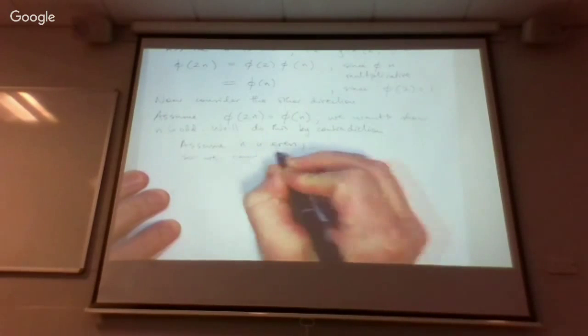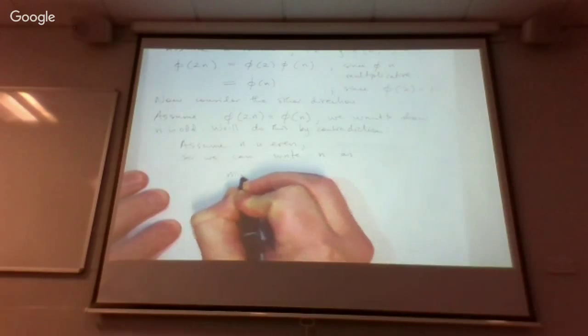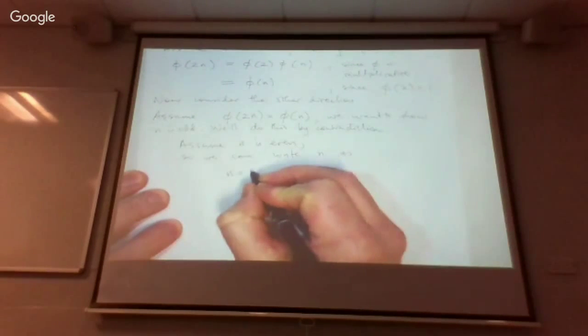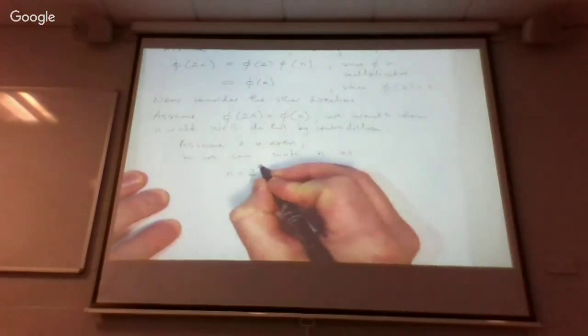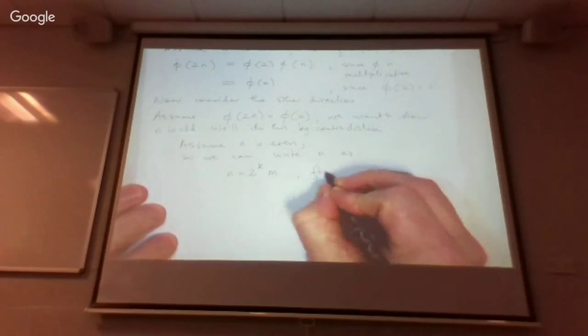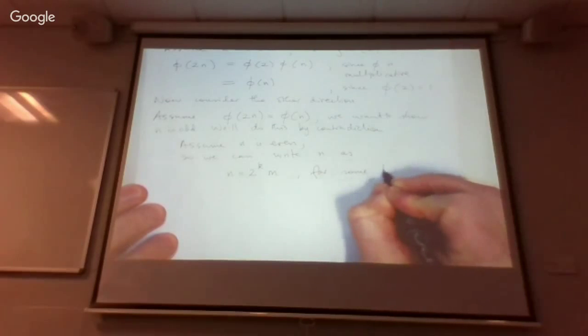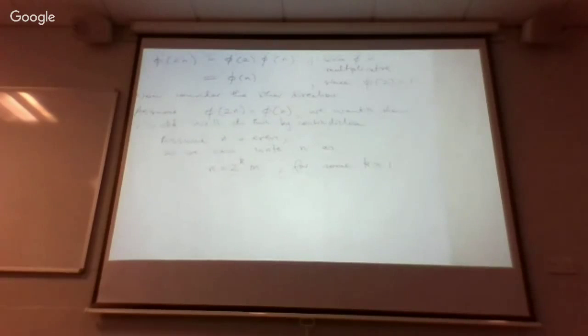So we can write n as, well, I could just write it as 2 times something, but let's fully factorize it based on 2. We can write it as 2 to the power k multiplied by m. So we'll suck all the 2's out of n.